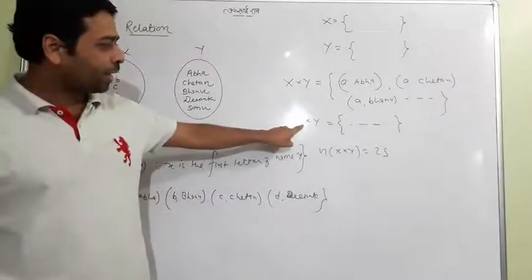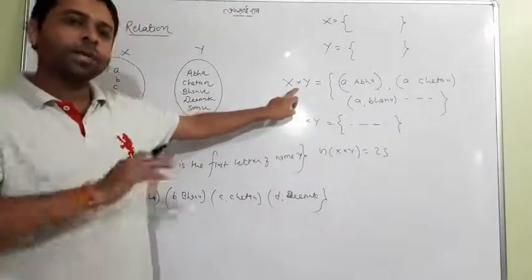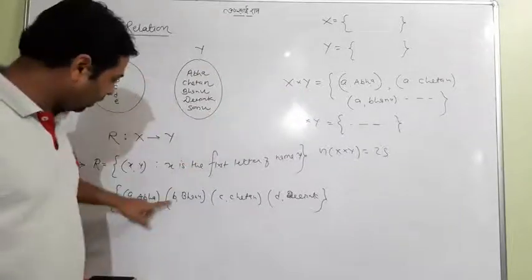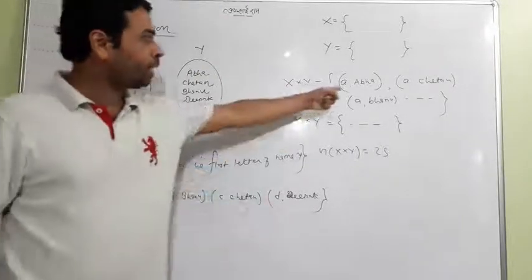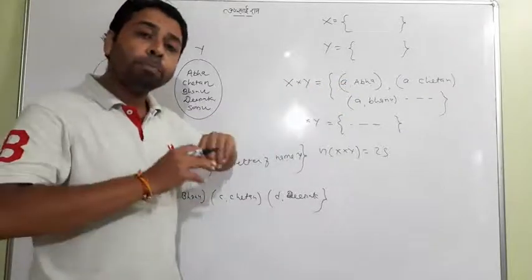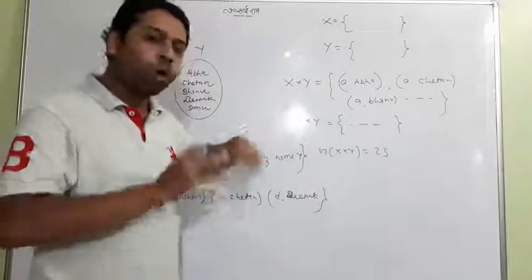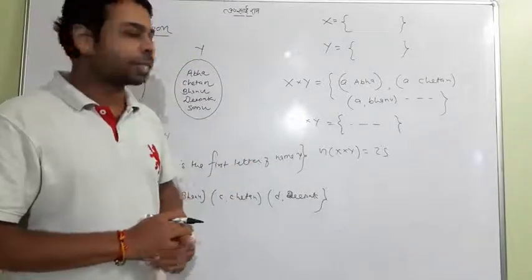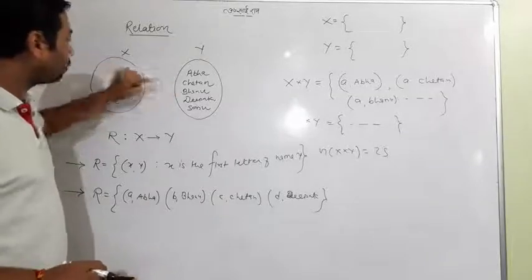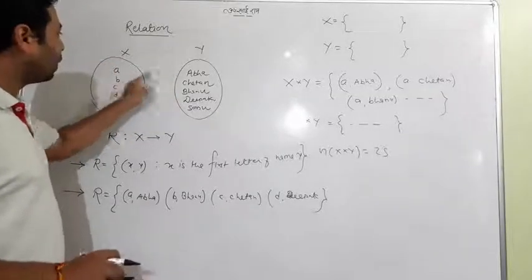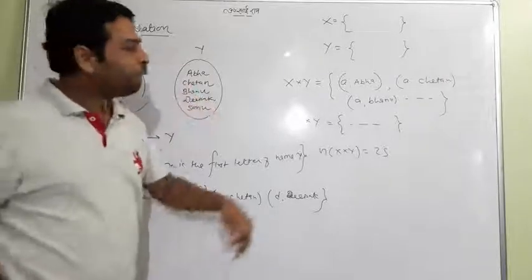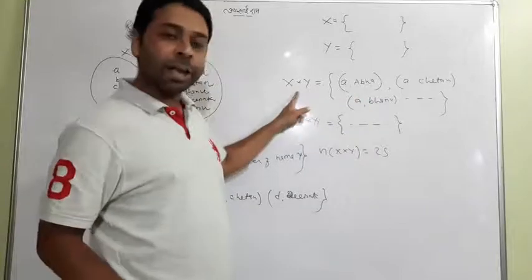I ask you one thing: have you considered x cross y? It contained 25 elements. One should not forget that these elements also lie in x cross y, because x cross y contains all possible cases, like A Abha, A Chetan, A Bhanu, A Deepak, A Sonu, B Abha, and so on. All names will come, and there are 25 elements in x cross y.